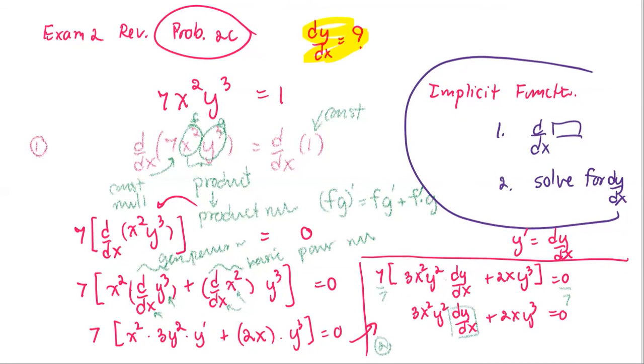To solve for dy by dx, subtract 2x y to the third from both sides. Then we will get 3x squared y squared dy by dx equals negative 2x y to the third. And after that, we divide both sides by 3x squared y squared.